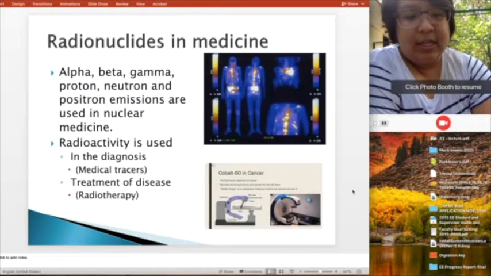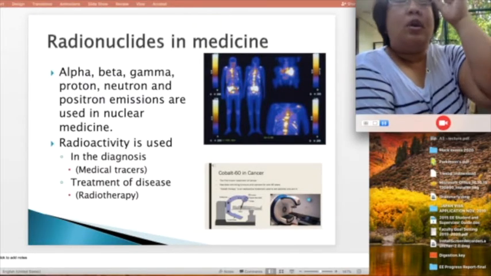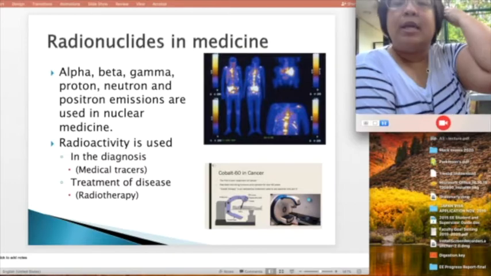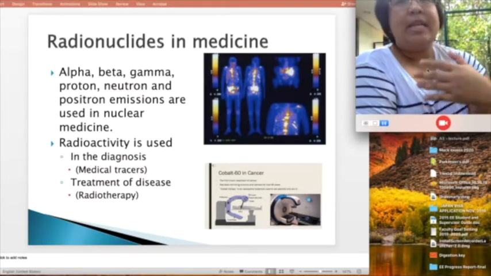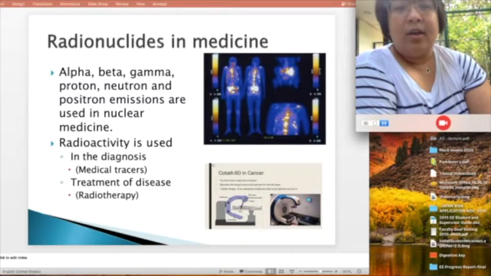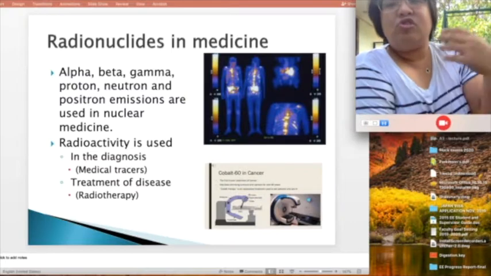So let's go into how we make use of these radioactive isotopes in medicine. Radioactive isotopes, when they decay, emit alpha, beta, gamma, neutron, or positron emissions.